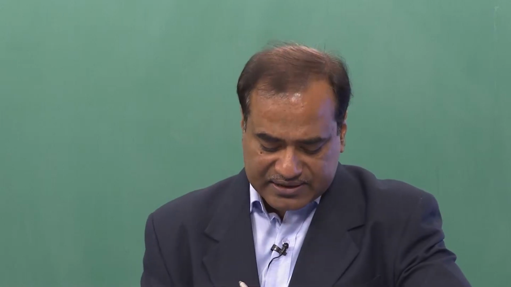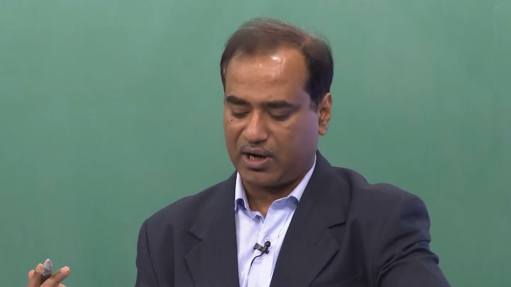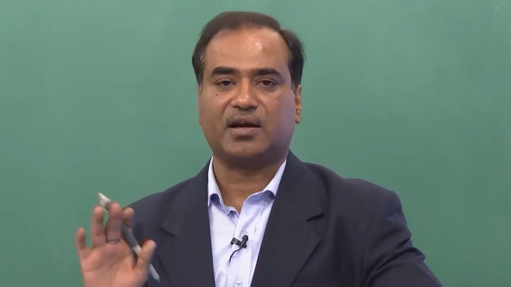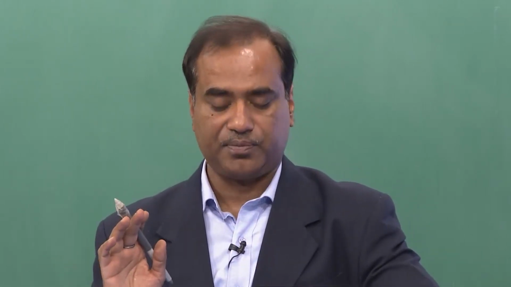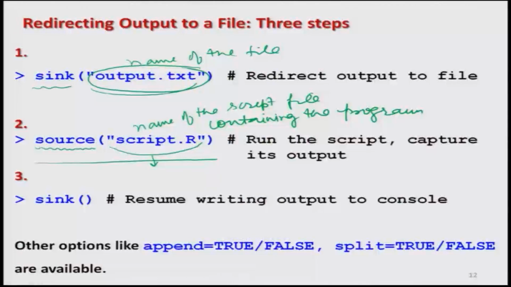As soon as I say source and give the program name, this will run the script, and whatever outcome is captured while running the program is redirected to the file name, which is given here as output.txt.